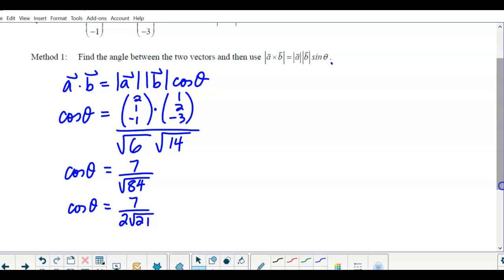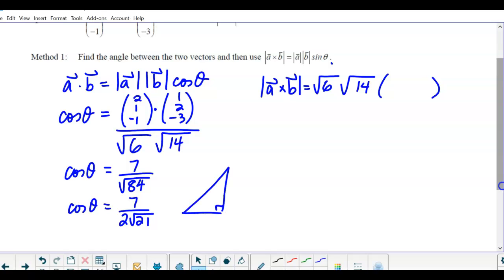From there, so for this definition, we know magnitude of A is root 6, magnitude of B is root 14, and then we want sine of theta. Well, here we have cosine of theta, so that's 7 over root 84. So then we can solve for the missing side.